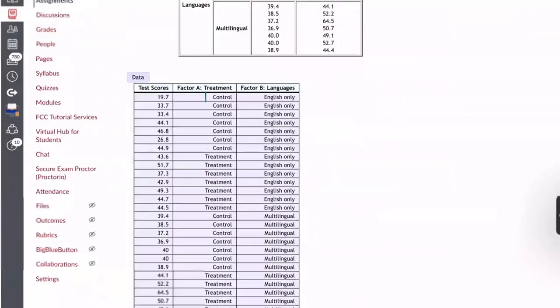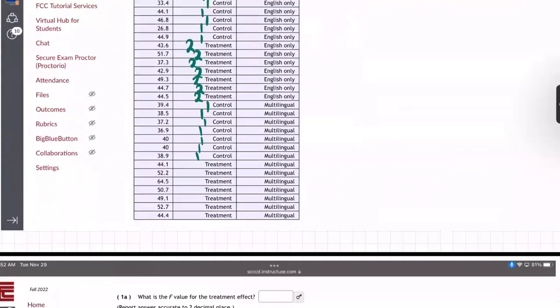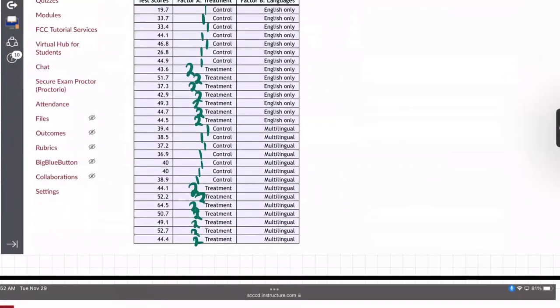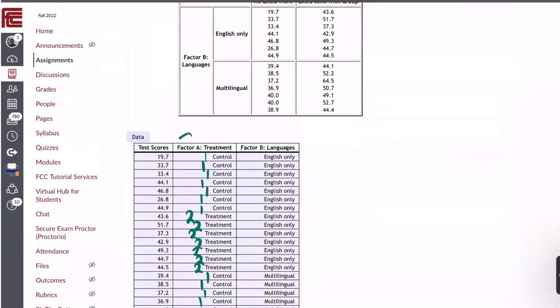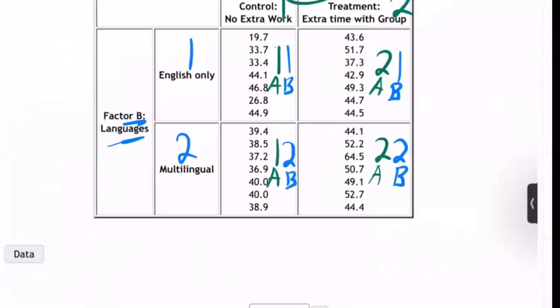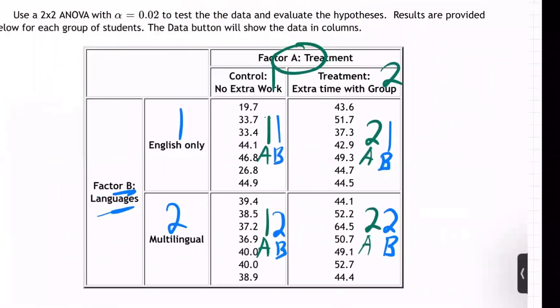Let me show you. So the control is 1. The treatment is 2. The control is 1. The treatment is 2. And then for factor A, notice, treatment, right up here, factor A, treatment, right?